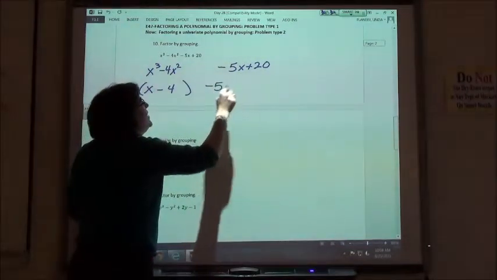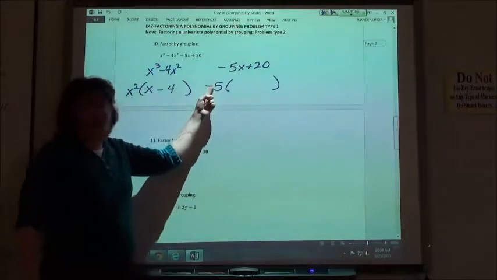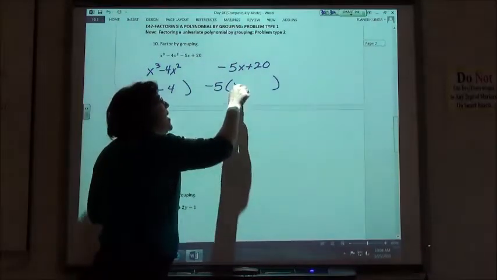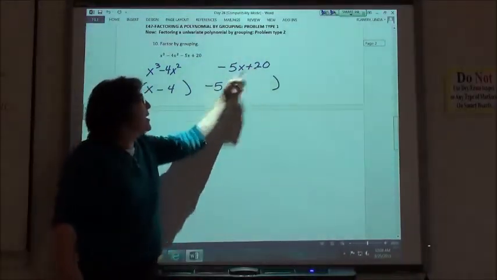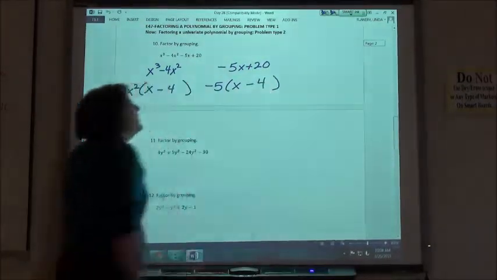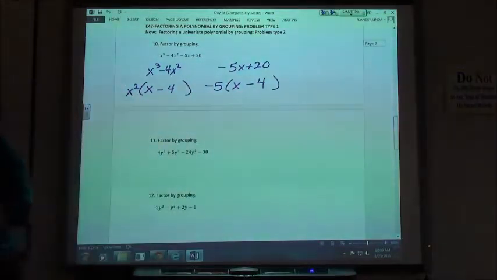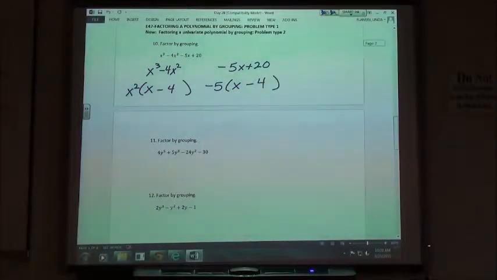If I divide each of those by negative 5 then, negative 5x divided by negative 5 leaves me a positive x. 20 divided by negative 5 is negative 4. So you can see that what's in the parentheses is the exact same thing, and that's what you want to have happen. If that doesn't happen, you want to rearrange your terms and try it again.